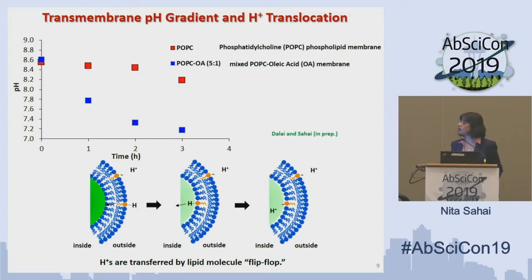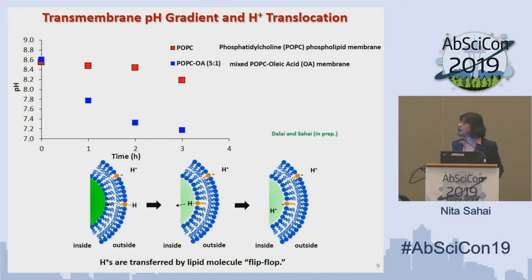When we use the phospholipid, which is a very impermeable membrane, the pH doesn't really change much over time. When we use the oleic acid phospholipid mixture in a ratio of 5:1, the pH drops over a period of time, and this is not surprising because oleic acid vesicles, fatty acid vesicles, are not as impermeable.